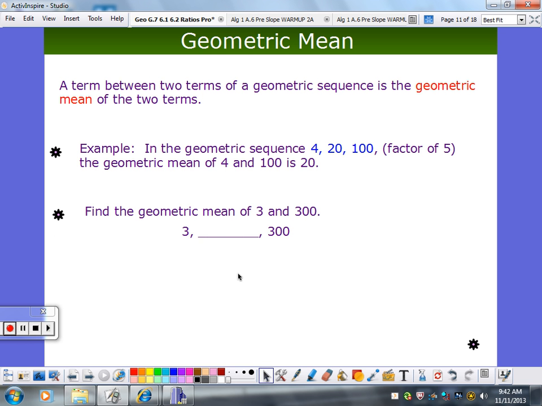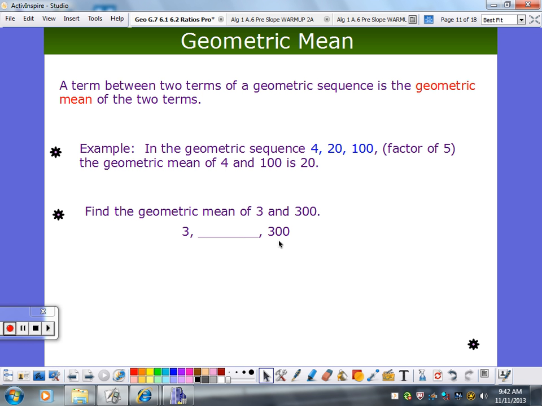So can we find the geometric mean if you've got 3 on one side and 300 on the other? Yes. How? What is it? 30? How'd you get that?